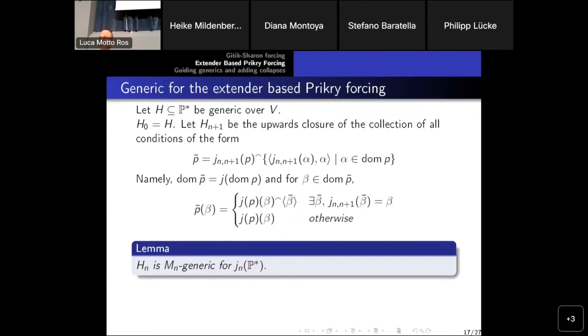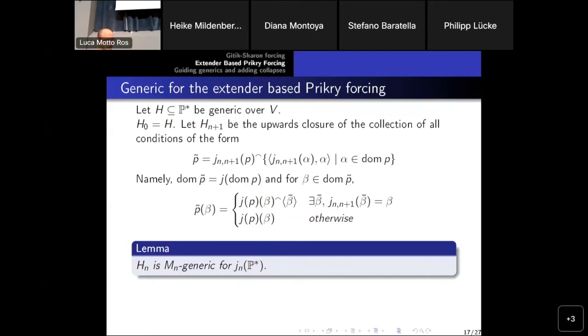This is again not very difficult to see, because from the point of view of each one of the M_n's, we actually did a small modification to a generic filter. M_n cannot really apply this modification because M_n does not know about the pointwise image of j_{n,n+1}. But for each condition separately, M_n can apply this modification and can see that it is small.